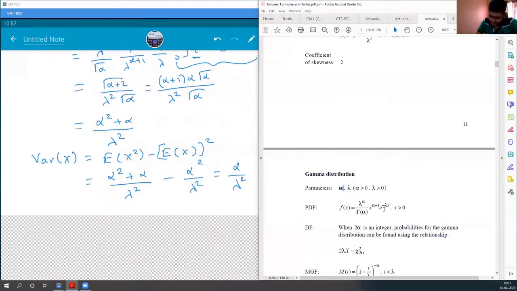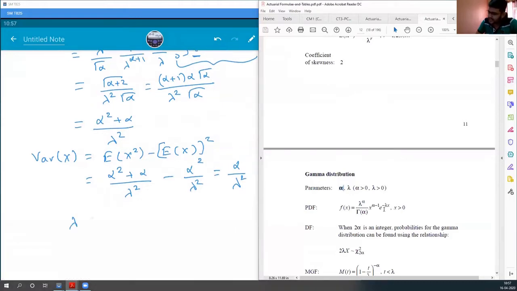If I put alpha equal to 1, I get lambda upon gamma of 1 x raised to 1 minus 1 e raised to minus lambda x. This becomes our f of x. Gamma of 1 will be 0 factorial. 0 factorial is 1, so gamma of 1 will also be 1. This becomes lambda e raised to minus lambda x.